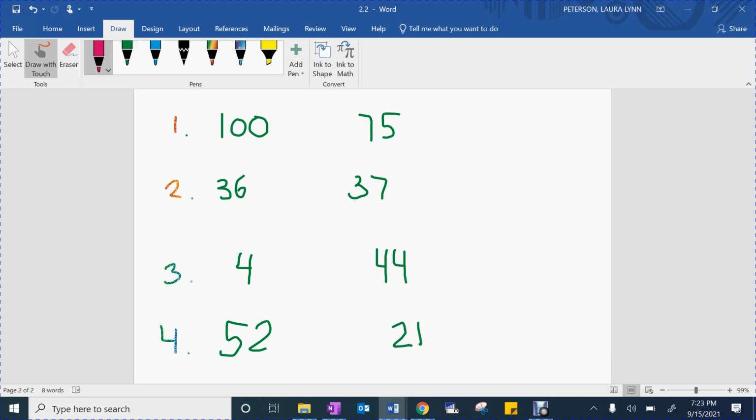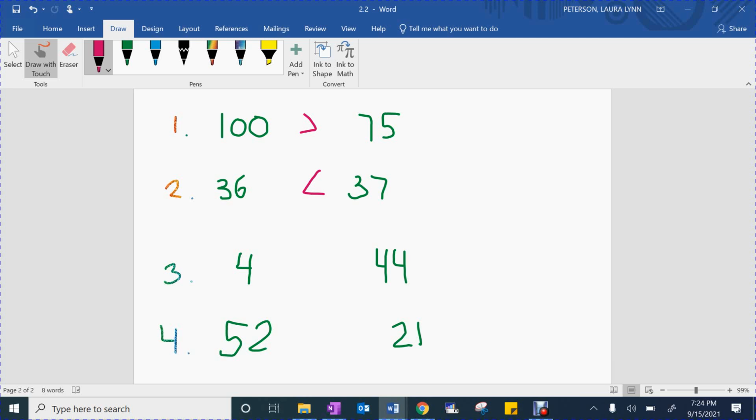Okay, I want you to fill in these blanks with the alligators. Make the alligators eat the bigger numbers. Pause the video and then unpause to check your answers. All right, let's see how you did. On the first one, our alligator should be eating 100. 100 is bigger than 75. Question 2, our alligator should be eating 37 because that's more than 36.